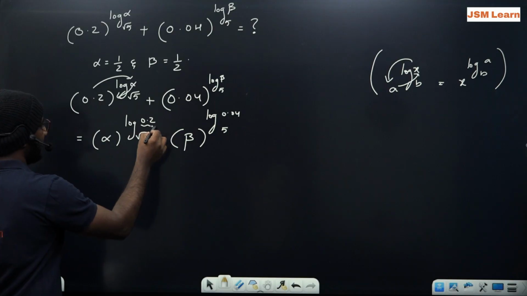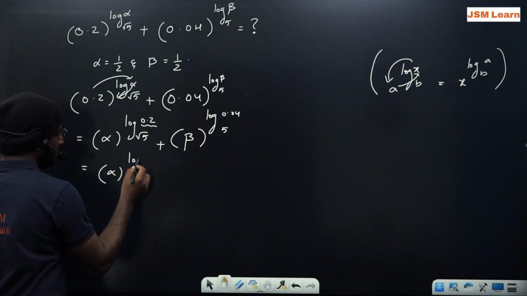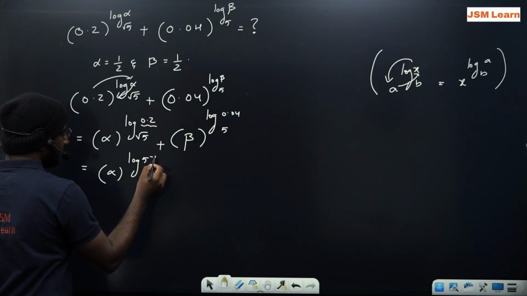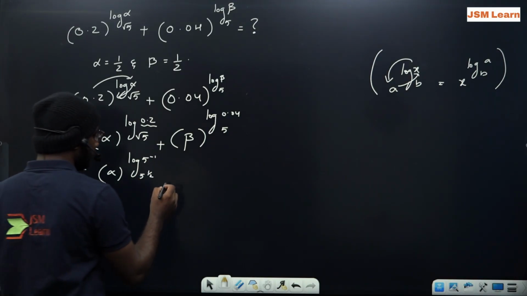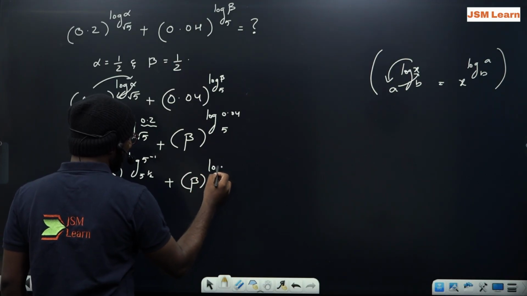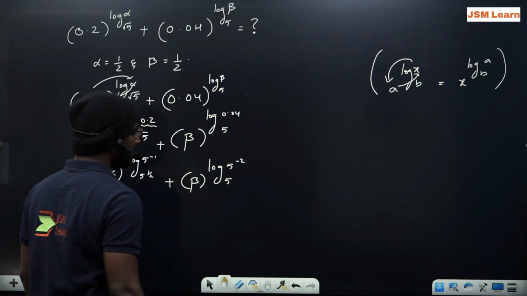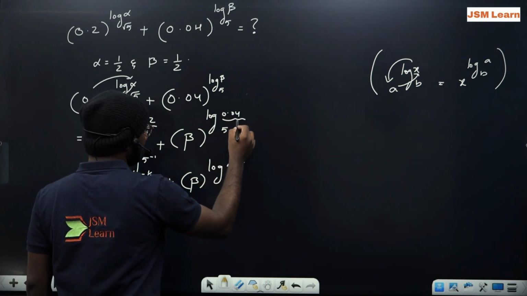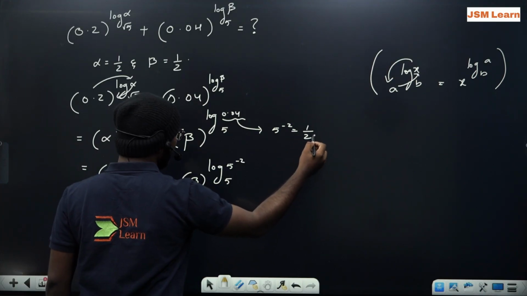Here 0.2 can be written as 5 power minus 1, and root 5 is 5 power 1 by 2, plus beta power log of 5 power minus 2 with the base 5. 0.04 can be written as 5 power minus 2, that is 1 by 25.